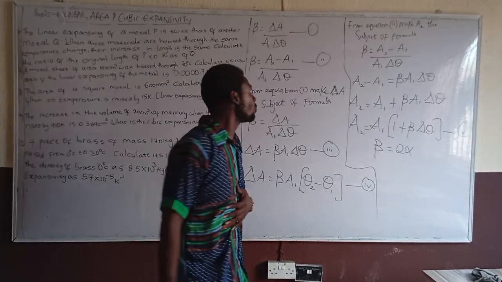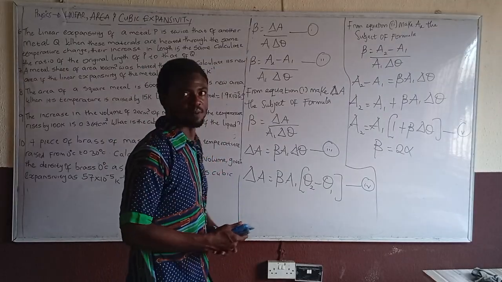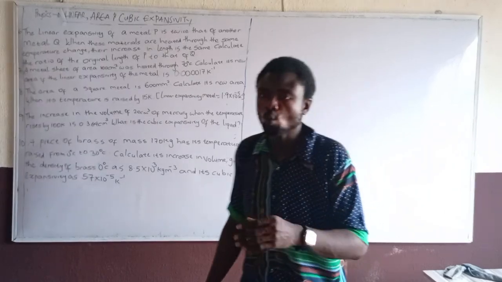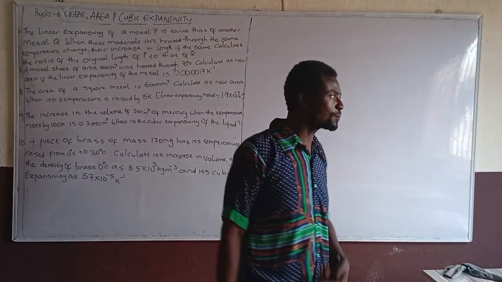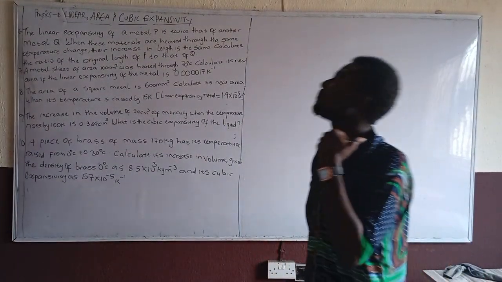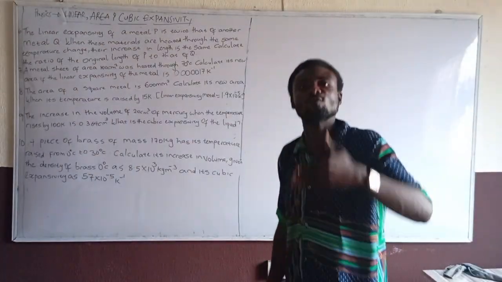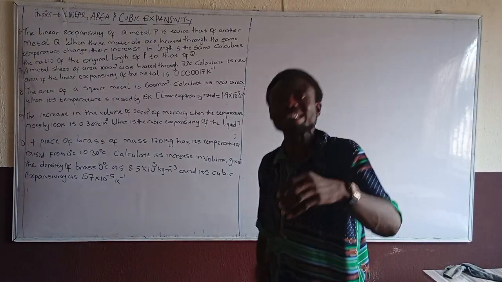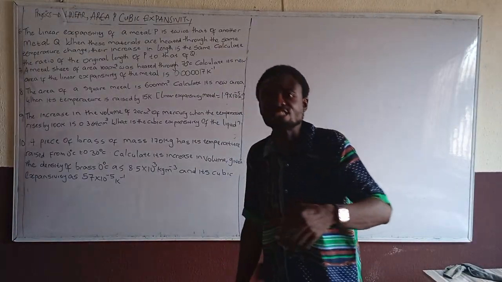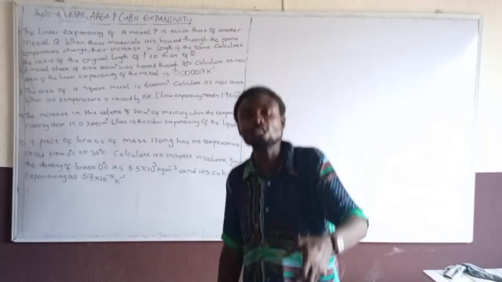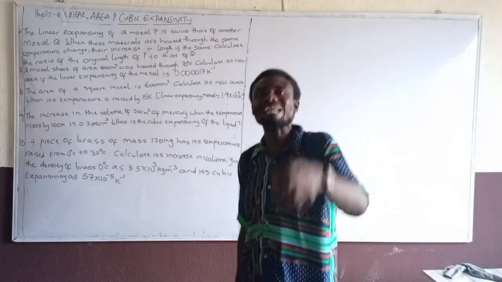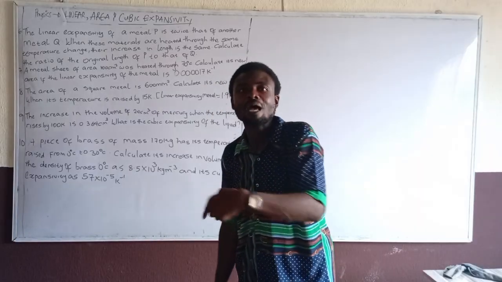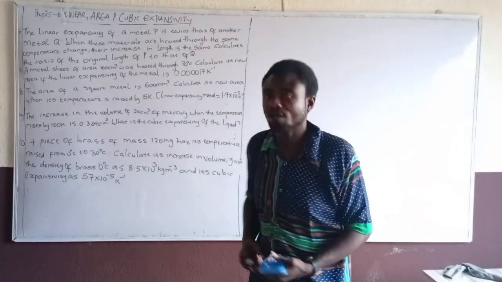So very quickly we move towards volume expansivity, which is also called cubic expansivity. Volume expansivity is an increase in volume per unit volume per degree rise in temperature, or it is the change in volume per unit volume per degree rise in temperature. It is also measured in per Kelvin and represented with gamma.